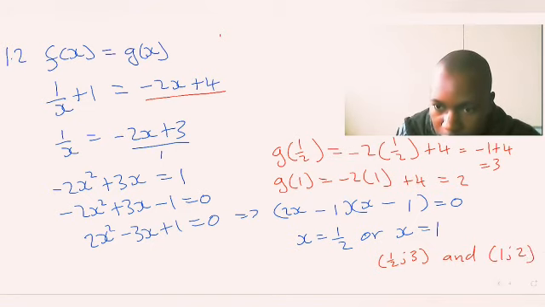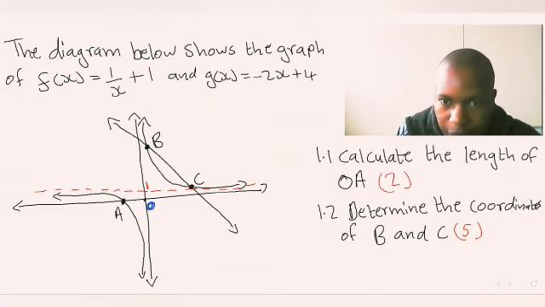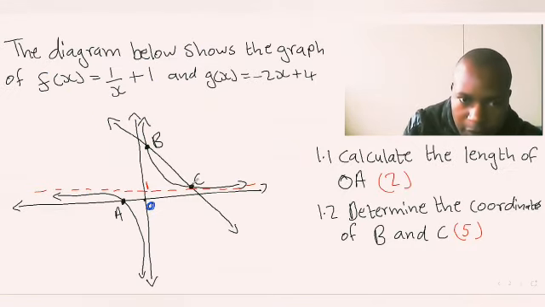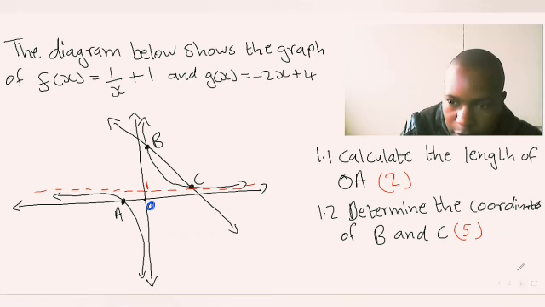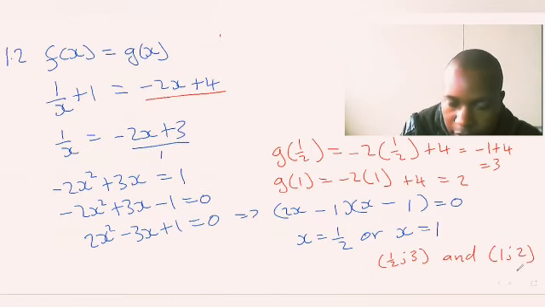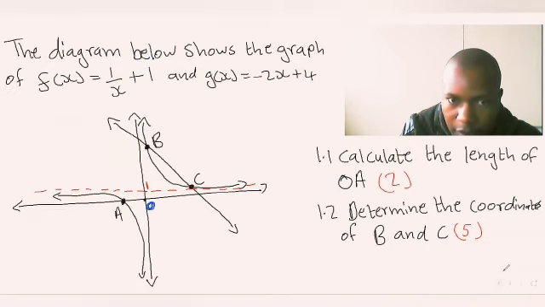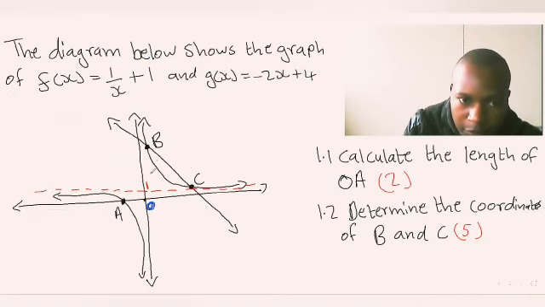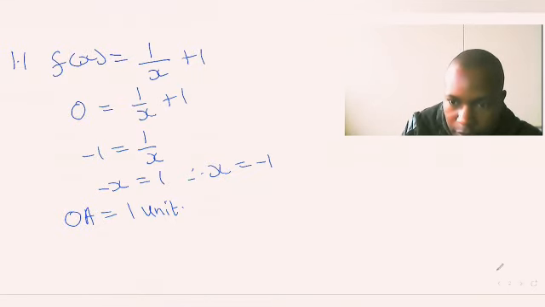Now we can go back just to make sure we know which is which. So 1 is 2. Let me just go back. This should be C over there, and that should be B over there.